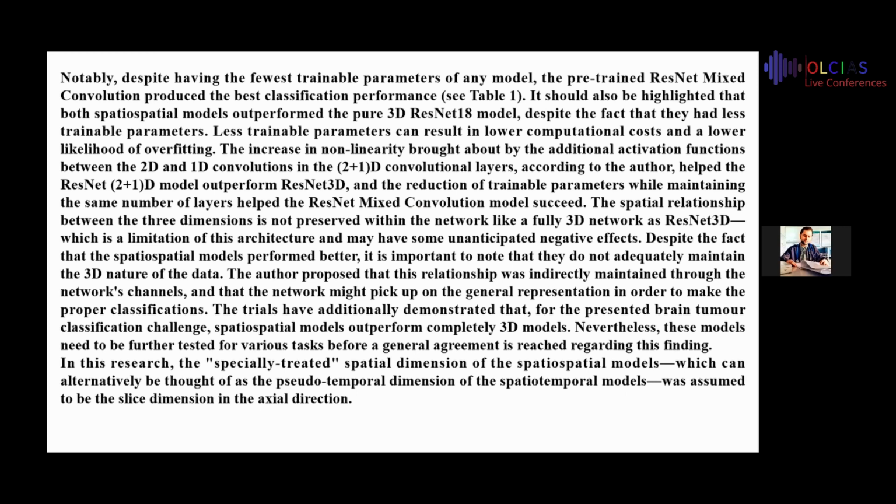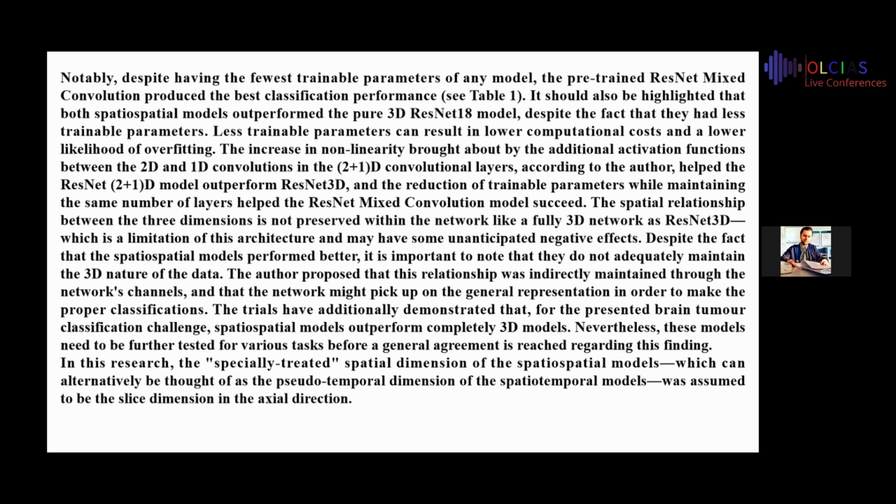The increase in non-linearity brought about by additional activation functions between the 2D and 1D convolutions in the 2+1D convolutional layer, according to me, helped the ResNet 2+1D model outperform ResNet 3D, and the reduction of trainable parameters while maintaining the same number of layers is what the ResNet mixed convolution model achieved.